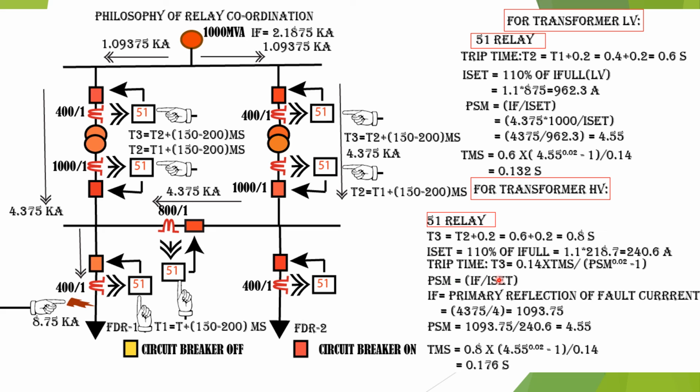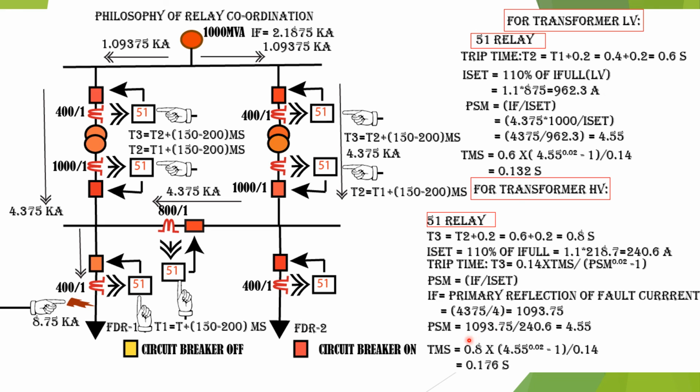So the trip time, which is given by T3 equal to 0.14 into TMS divided by PSM to the power 0.02 minus 1. So we can calculate the value of the PSM, since the fault current is known and the relay setting is known. Here the reflection of the fault current to the HV side of the transformer is 1.09375 kiloampere or 1093.75 ampere.